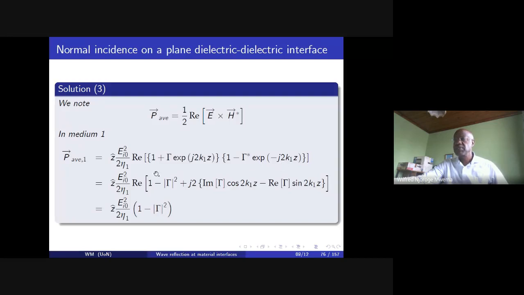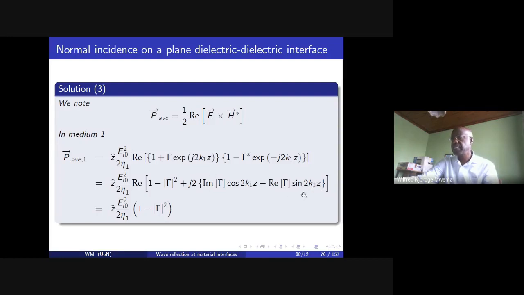Since we had X cross Y, we know that will be going in the direction of the positive Z. Remember, I'm using complex values here, that is, gamma is a complex quantity. It may not be complex, and in this example we will see that it is a real value, but we can always keep in mind that those things are together with us.